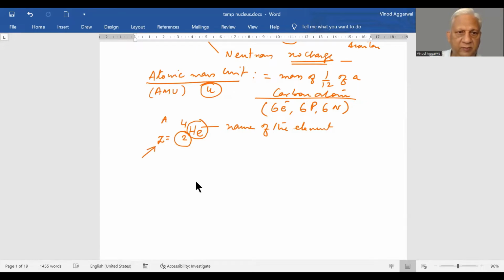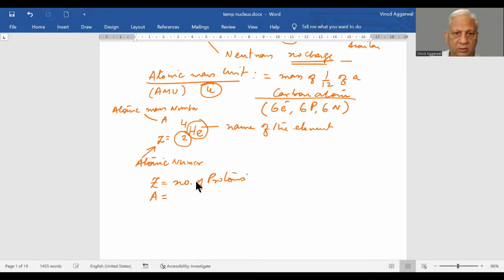Z is the atomic number, and A is the atomic mass number. Z is also equal to the number of protons, and A is also equal to Z plus number of neutrons.